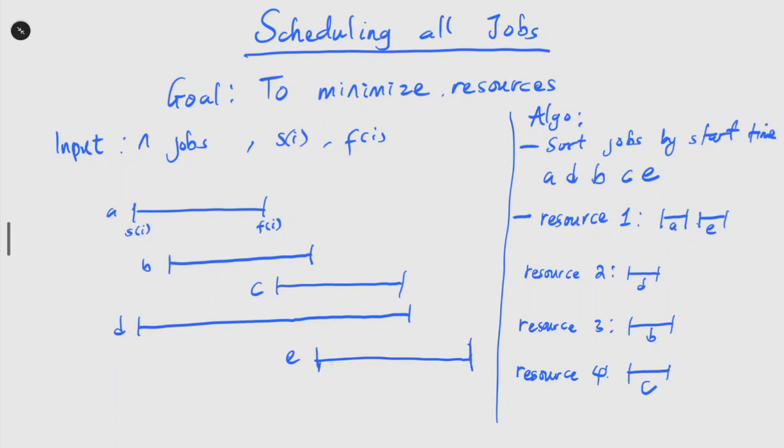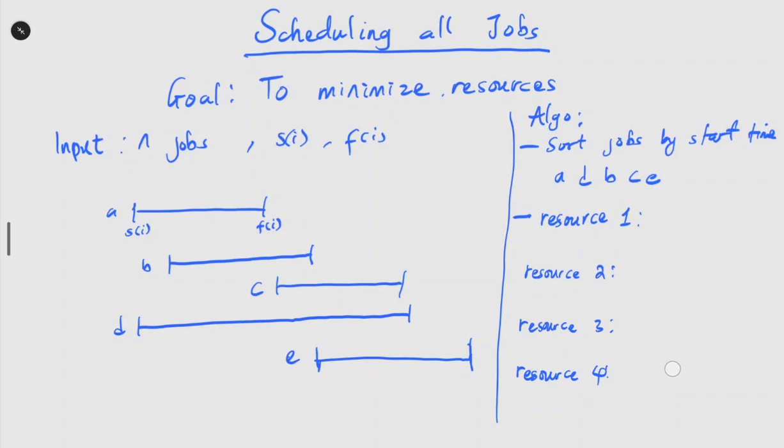I just want to paint another picture. So we would go again. Let's sort. So we have A, D, B, C and E. Okay, that's still the same order.